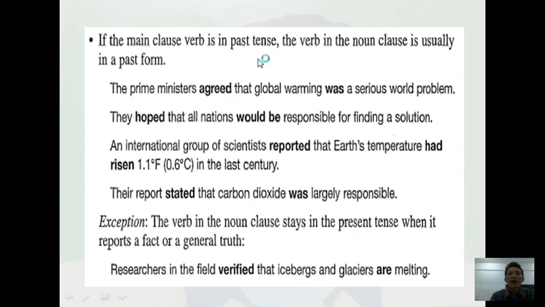Here, if you find the independent sentence reporting a fact or general truth, you are able to keep simple present with the present. Okay. Researchers in the field verify that icebergs and glaciers are melting here.